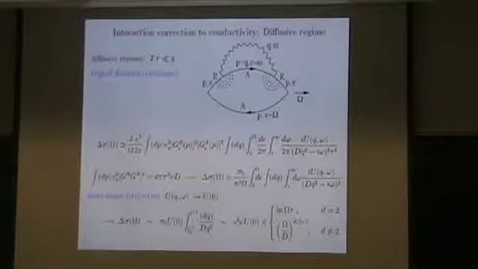The whole behavior comes from the fact that you have these infrared singular propagators. No, but you have a diffusion in a wiggly line, right? That's a diffusion as well. I mean, the fact that you have this non-trivial low temperature behavior, the diagram exists also in the ballistic regime, as I explained.